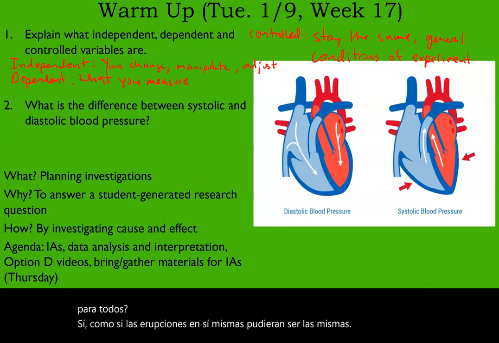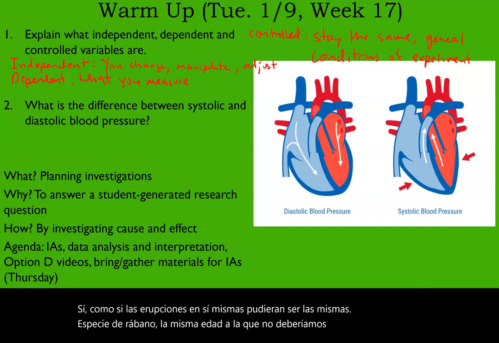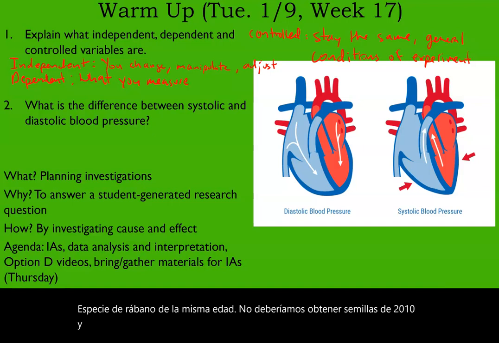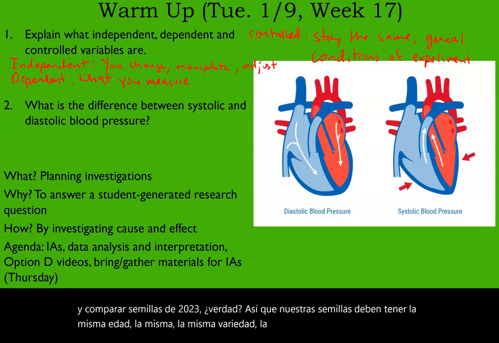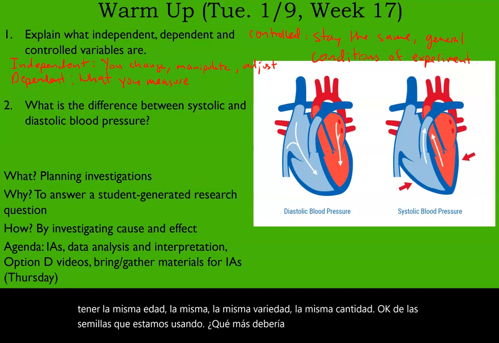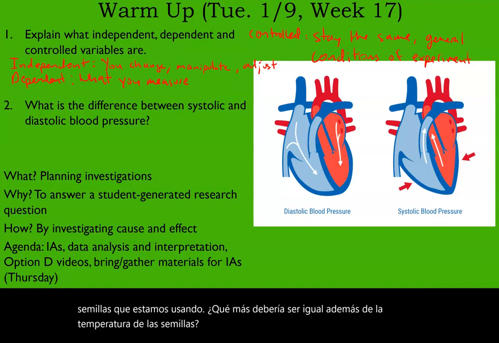We shouldn't get seeds from 2010 and compare seeds from 2023, right? So our seeds should be the same age, the same variety, the same amount of seeds we're using. What else should be the same besides the seeds? Temperature, yeah. The temperature conditions we're growing all of our seeds in should be the same because that can affect growth.